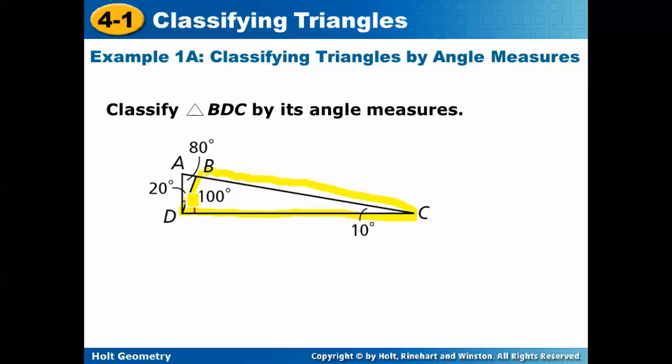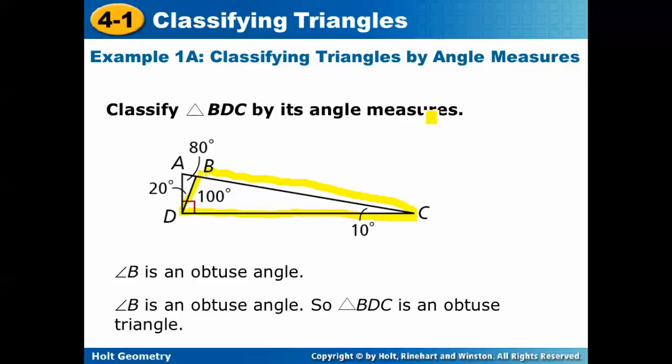This angle D is 20 degrees, and this angle is 10 degrees here for angle C. We can see that angle B is an obtuse angle, 100 degrees, so triangle BDC is an obtuse triangle because it has at least one angle that is greater than 90.